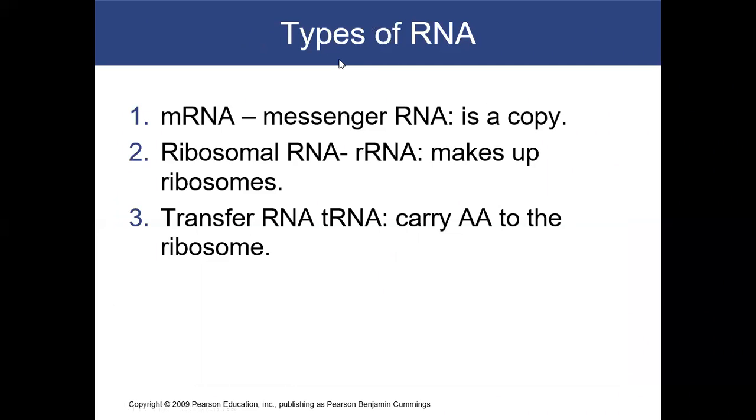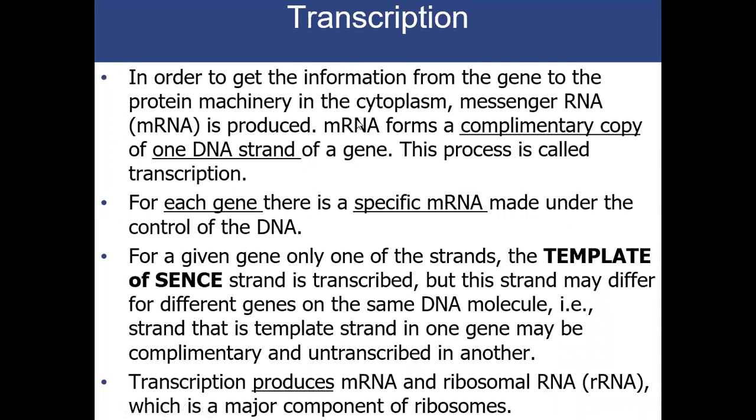When it comes to the types of RNA, I mentioned the messenger RNA, which is the copy that carries the genetic information for further processing. We also have the ribosomal RNA that makes up the ribosome, and we have the transfer RNA, all of which I mentioned earlier. The transfer RNA is the one that carries the amino acid to the ribosome.